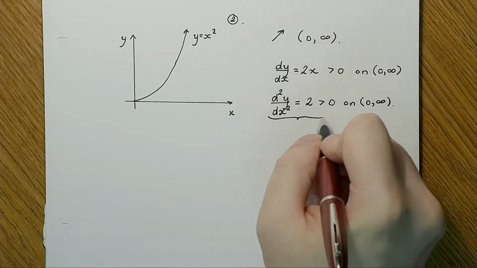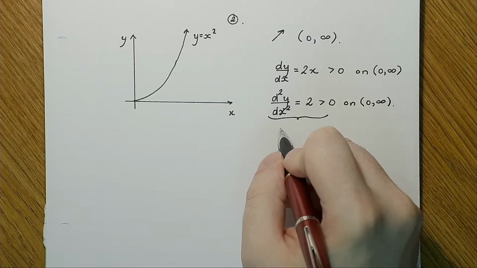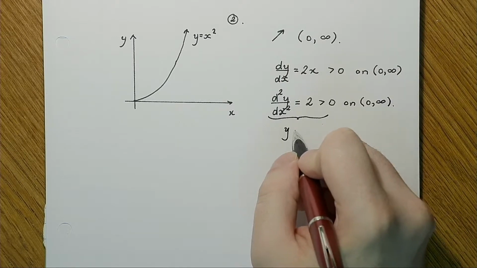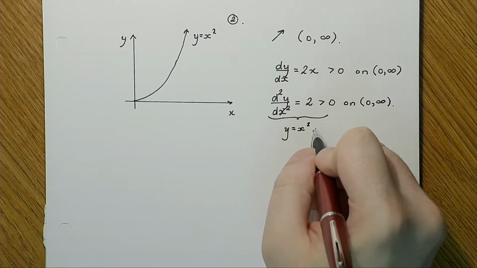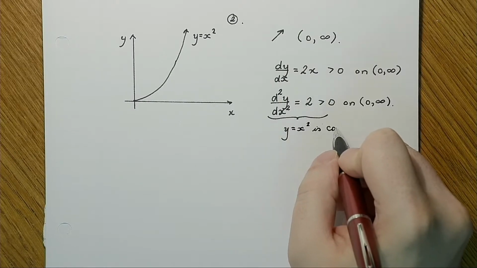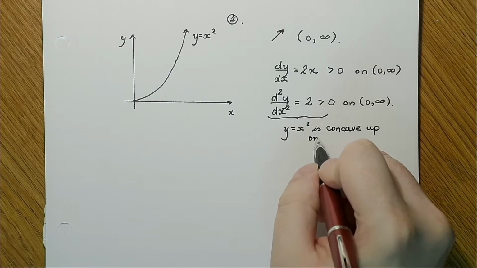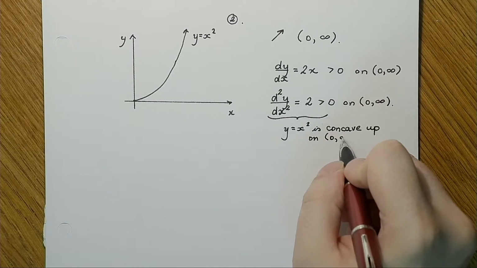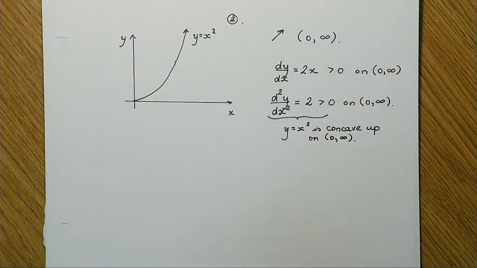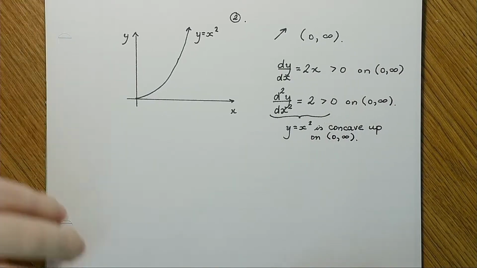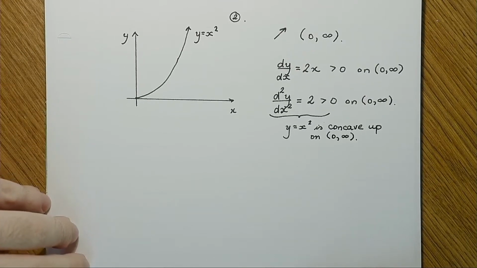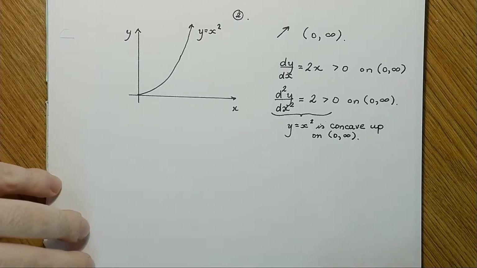And since that is positive, y equals x squared is concave up on that interval from 0 to infinity. Let's keep that there.